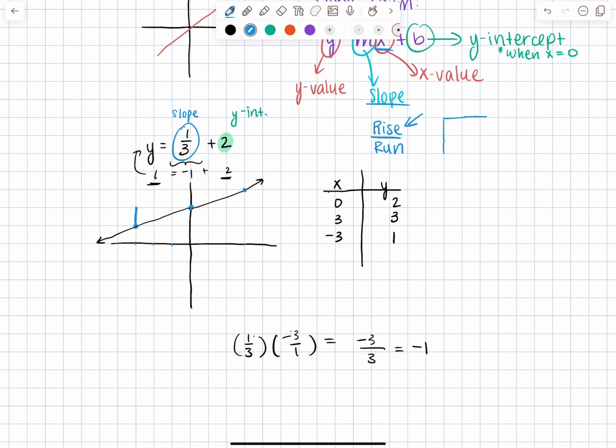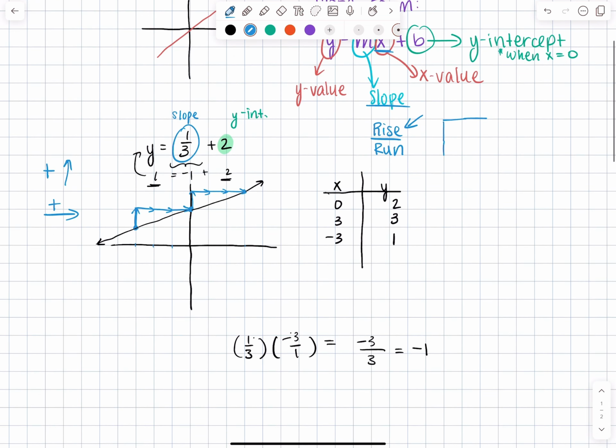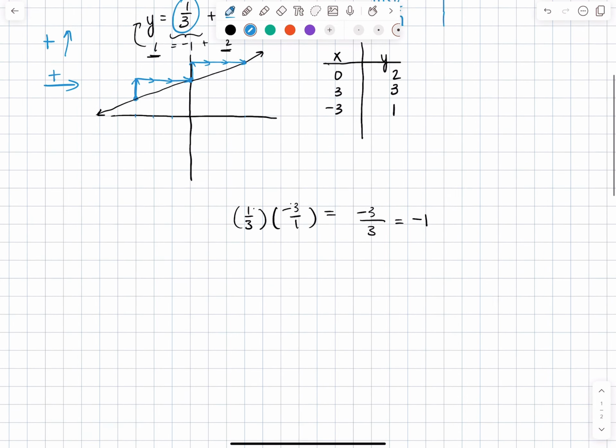Up is positive, and to the right is positive as well. So we go up 1, and then 1, 2, 3 to the right. That's how we know we did this right. That's how the slope works.